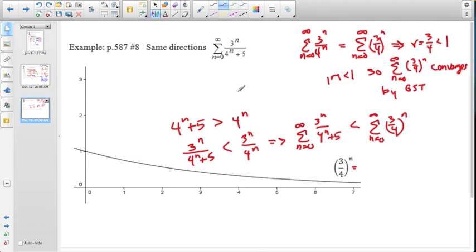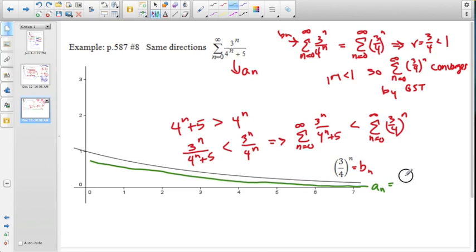So this series is our a sub n, and this series here is our b sub n. We know this is our b sub n, and our a sub n series falls term for term right here. Oops, should be a 3.